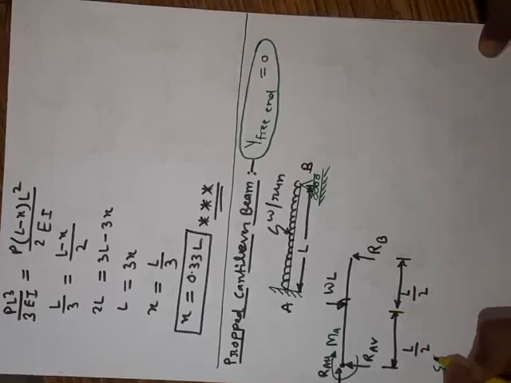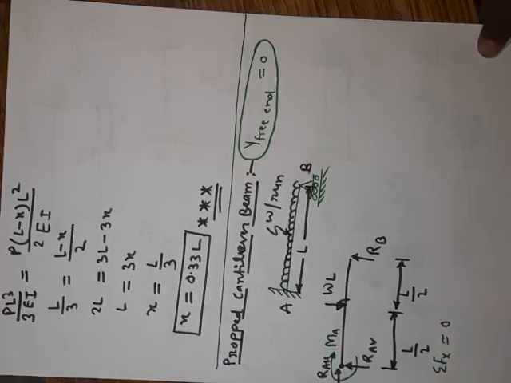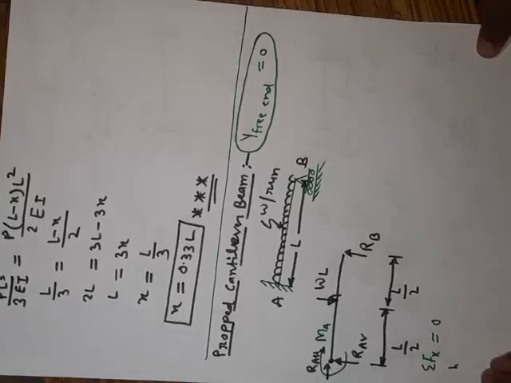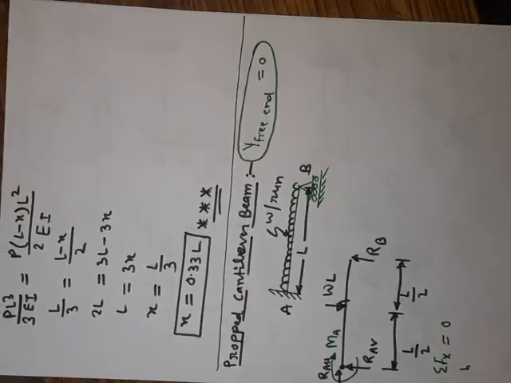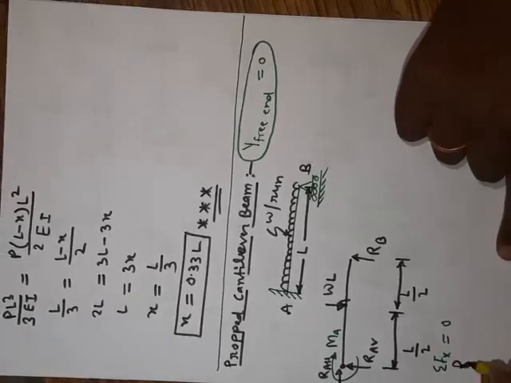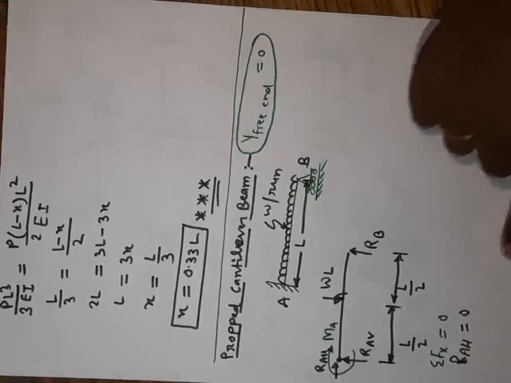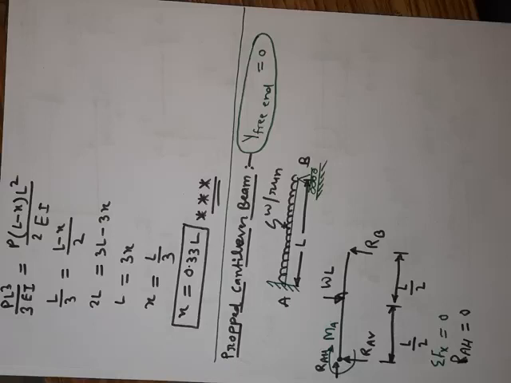If I use summation of Fx equals 0, the algebraic sum of all horizontal forces is 0. So here we will get RAH equals 0, because other than this horizontal reaction no force is acting in the horizontal direction.